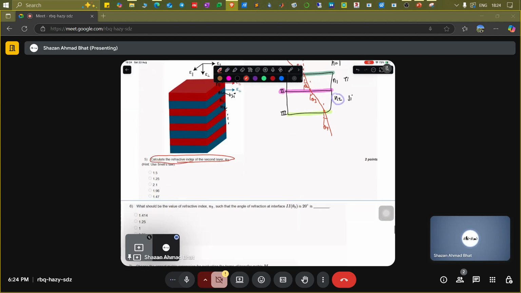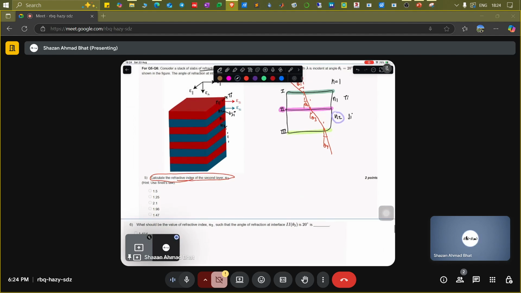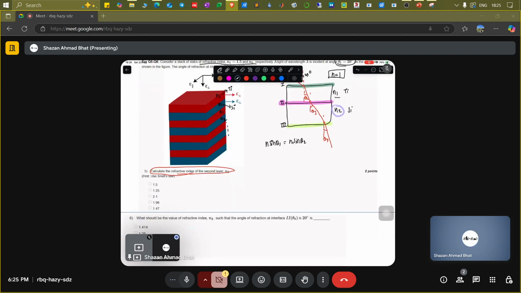How do you do it? Just use simple Snell's law. You can write n sine theta 1 equal to n1 sine theta 2. Theta 1 is given as 20 degrees, and n is 1.